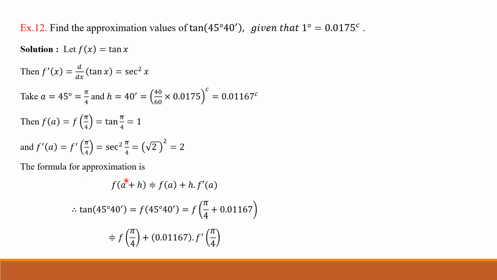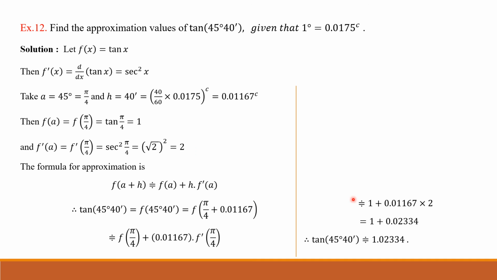The formula for approximation is f of a plus h is equal to f of a plus h into f dash of a. Therefore, tan of 45 degrees 40 minutes equal to f of 45 degrees 40 minutes is equal to, in radians, f of pi by 4 plus 0.01167, the values of a and h in radian. Putting the values, f of pi by 4 is 1 plus 0.01167 into f dash of pi by 4.